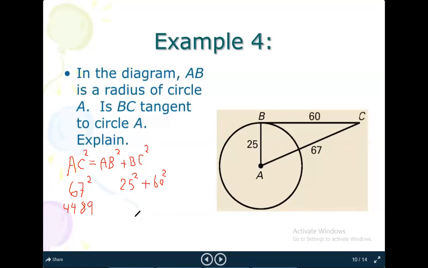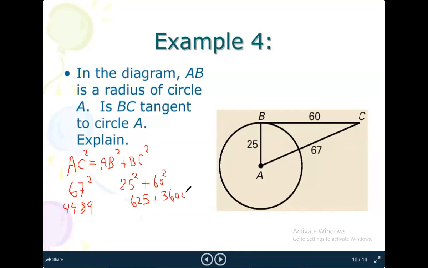The other side: 25 to the power of 2 will be 625. 60 to the power of 2 will be 3,600.